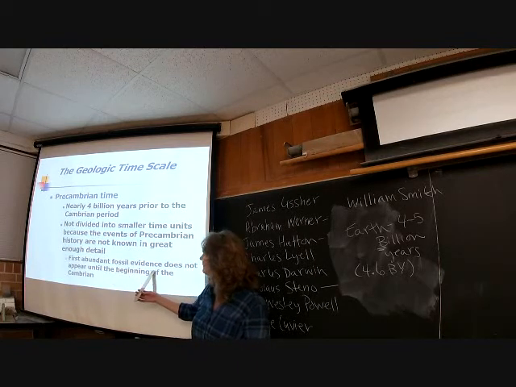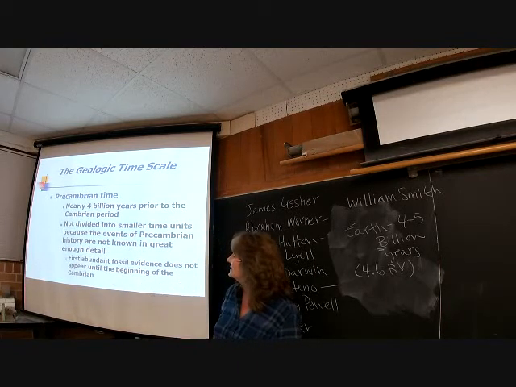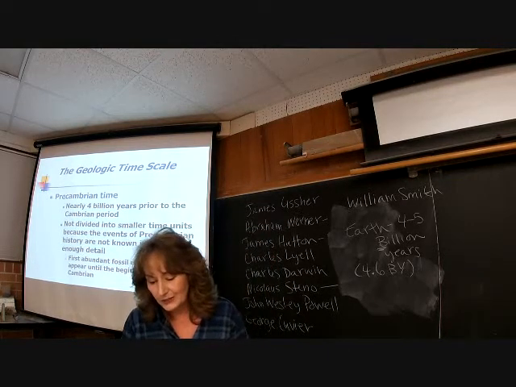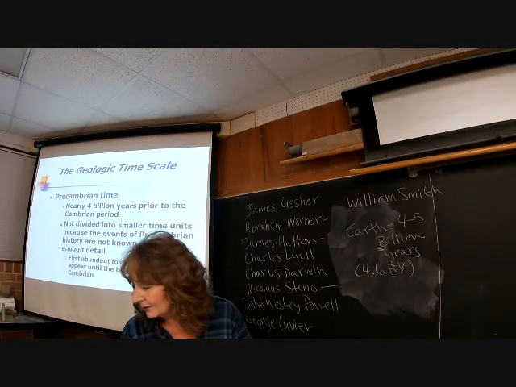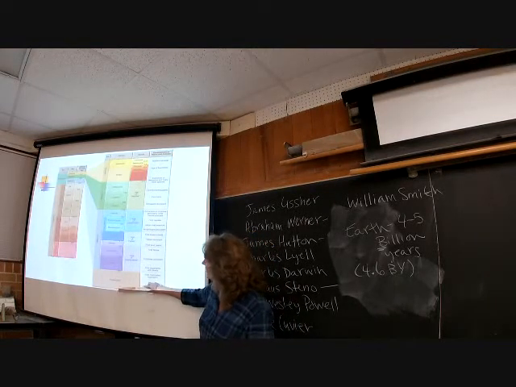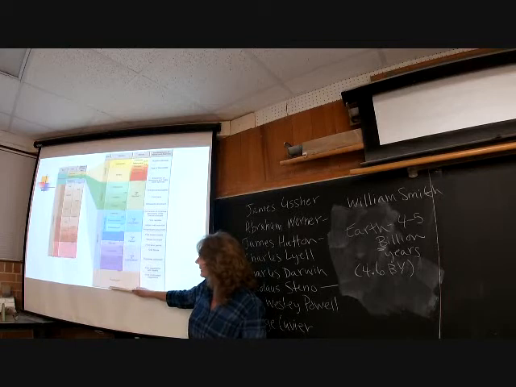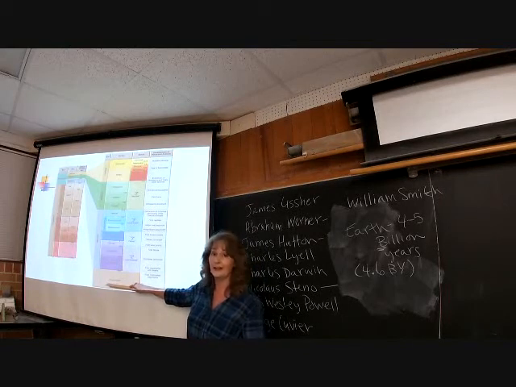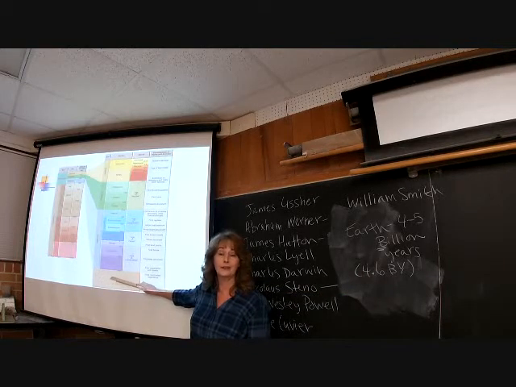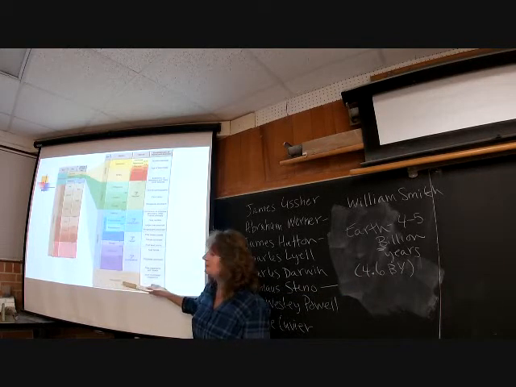The first abundant fossil evidence doesn't come along until the beginning of the Cambrian. And so we're just beginning to get into organisms with hard parts in them. So here's all that Precambrian. It's actually quite a large expanse of time. Most of that 4 billion years is set up in the Precambrian.